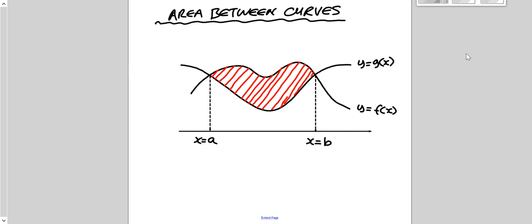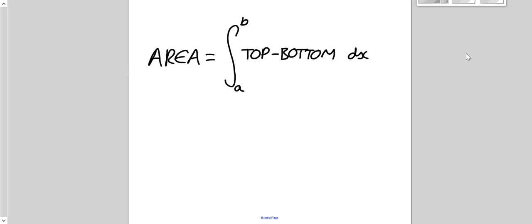And the way we calculate this is, you've seen this summation symbol, sometimes we call it the integral sign, whatever. We all get confused just like you do.